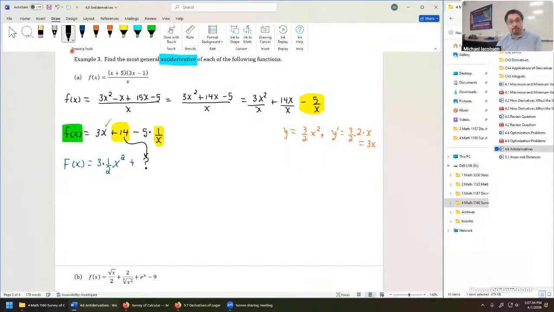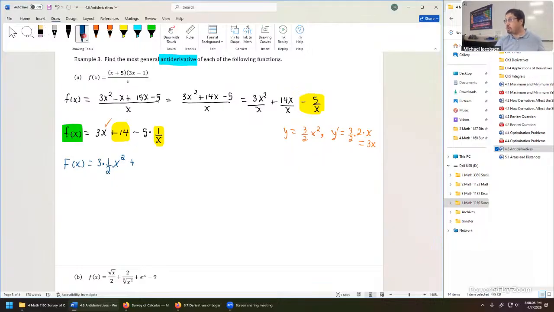What would be the antiderivative of just a constant b? Yeah, absolutely. So whatever your constant is, multiply it by x, good call, and you have the right antiderivative.